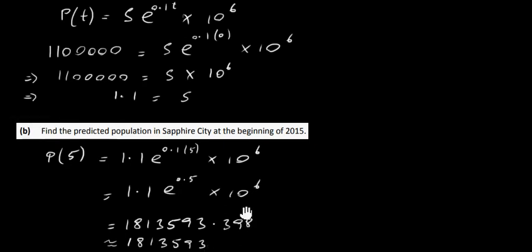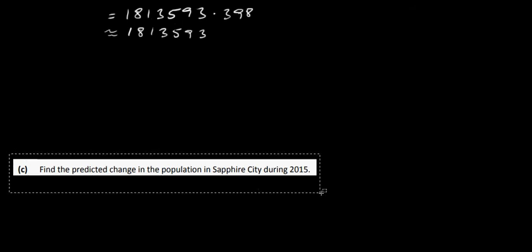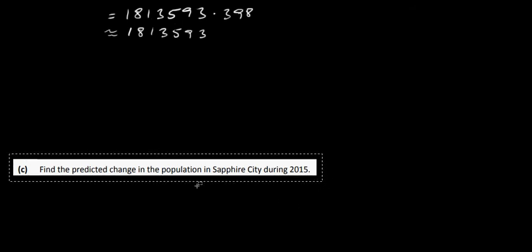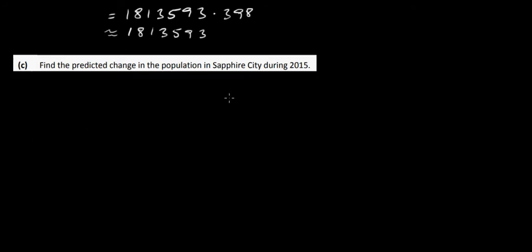Okay, so let's move on to the next question then. Find the predicted change in the population in Sapphire City during 2015. So you've got to look at the population in Sapphire City at the beginning of 2015 and the beginning of 2016, or the end of 2015. So what we're going to do is look at P of 6, 2016, this is the beginning of 2016.